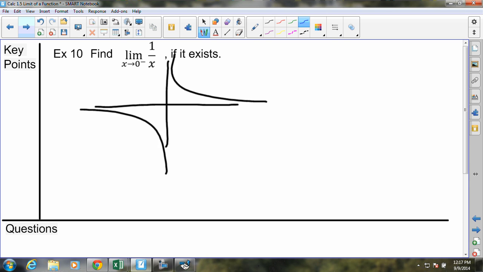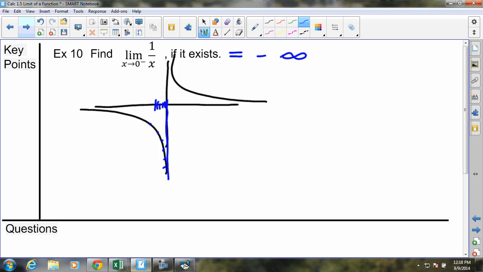So, as x is approaching 0 from the left, what's happening to the actual function value? So what would we say the limit is? Yeah, we would say that this limit is approaching negative infinity. Doesn't mean the limit exists, just means that it's going down the y-axis.